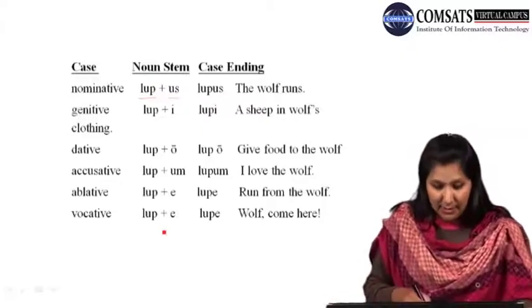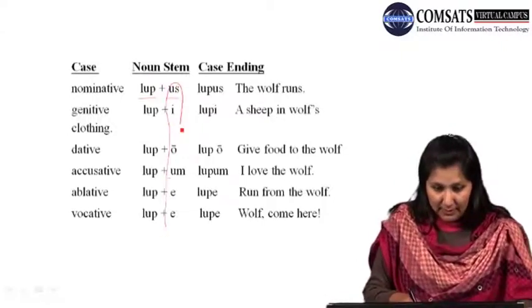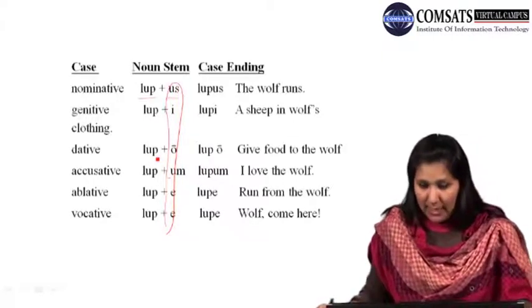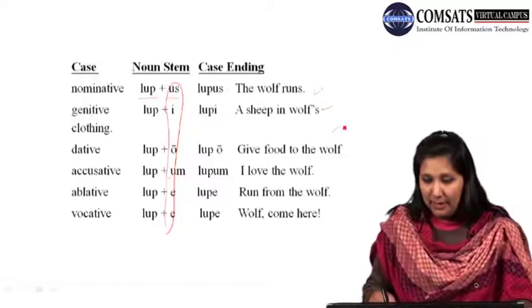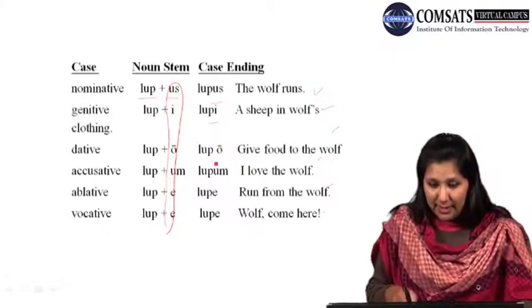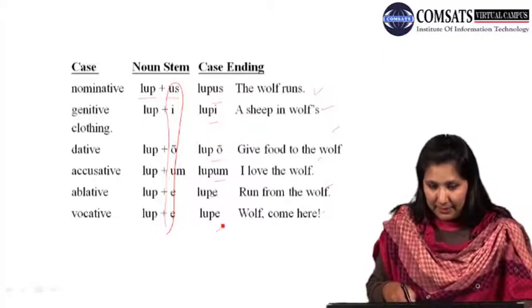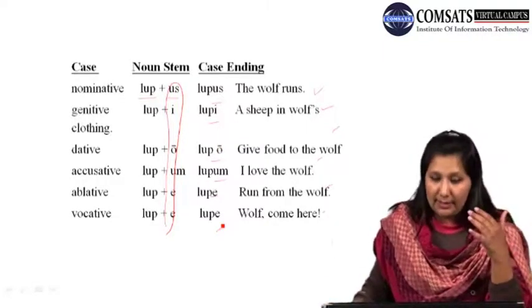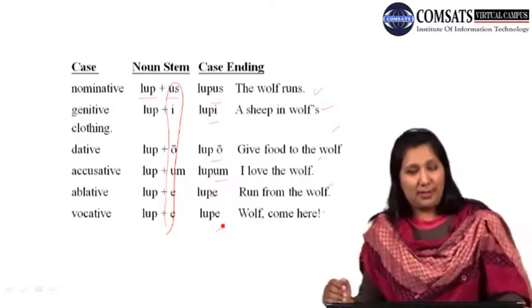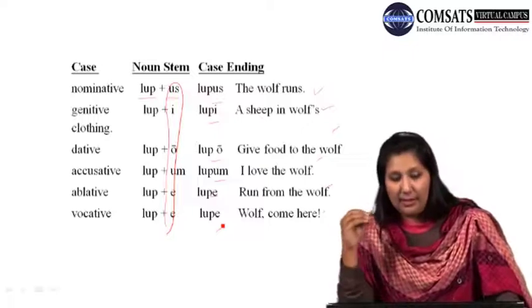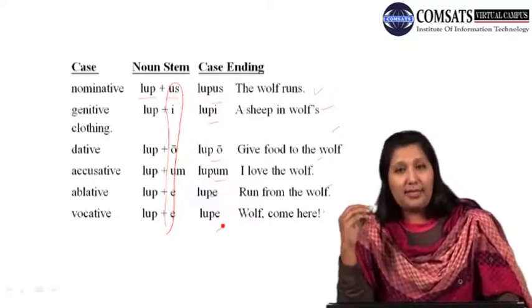These are different endings that have been added to the specific noun, and this is how endings started. The main word or the root is lup. If we add us, it becomes lupus, which has some other meaning. If we add i, it has some other meaning.